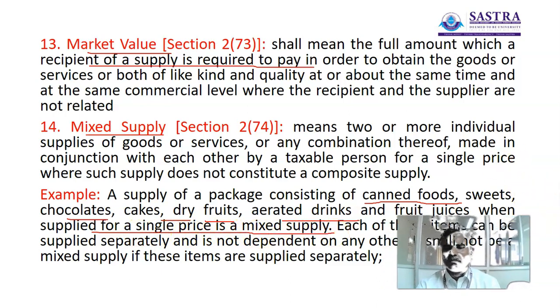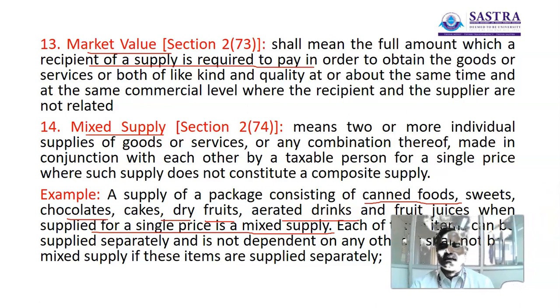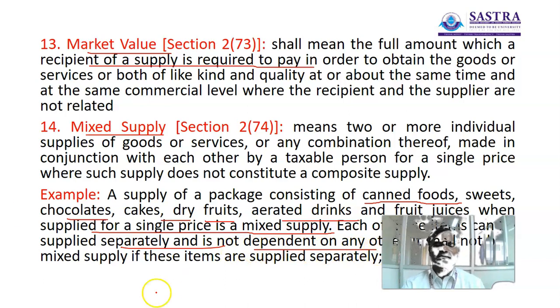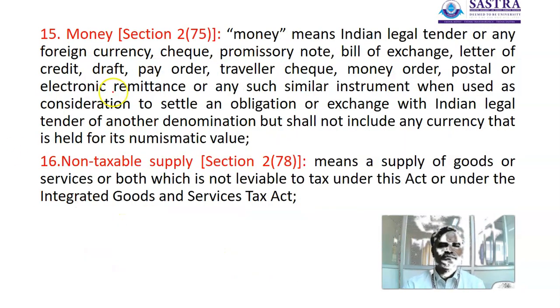Each of these items can be supplied separately and is not dependent on any other. It shall not be a mixed supply if they are supplied separately. Okay. So this is what our example is.